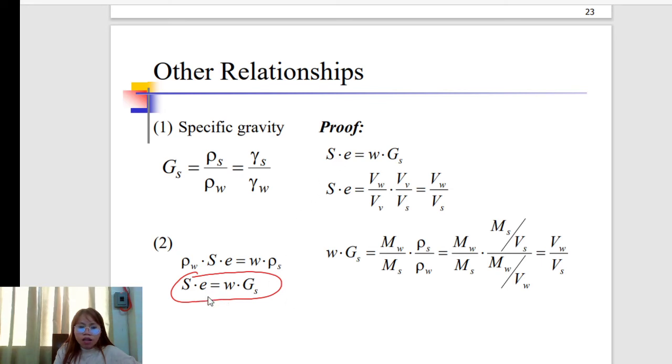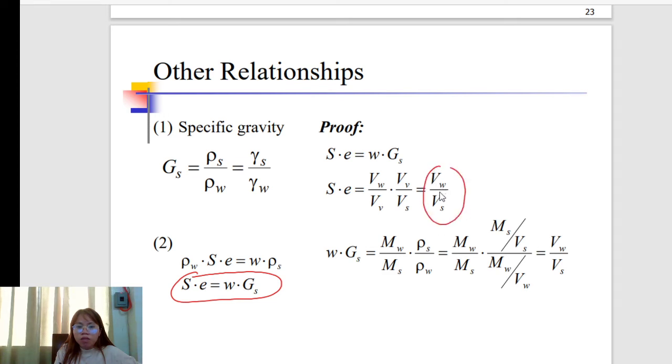Why is the degree of saturation times void ratio equal to the water content times the specific gravity? We have to understand the proof. The water content is equal to the volume of water divided by the volume of voids times... Yes, the water content is actually this one.